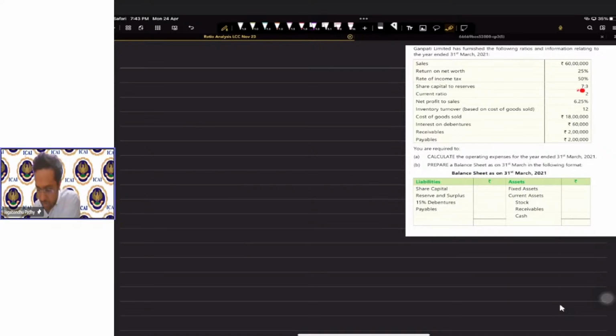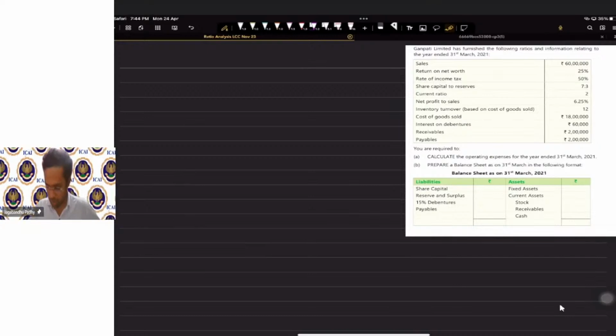Capital to reserves is 7:3. Current ratio they're maintaining is 2. Net profit to sales is 6.25. Inventory turnover based on COGS is 12. See, here the information is given that it is based on cost of goods sold. Cost of goods sold, interest on debentures, receivables amount and payables amount are given. We are required to calculate the operating expenses and prepare the balance sheet.